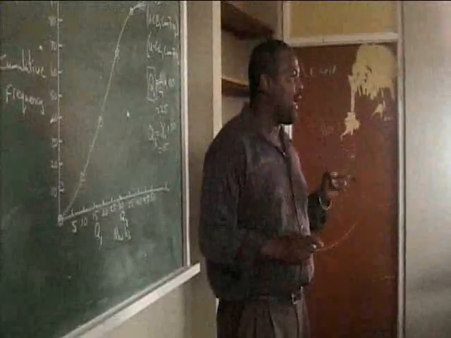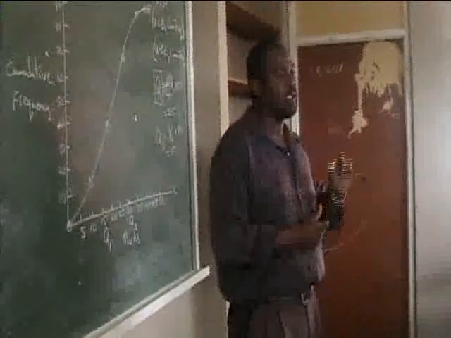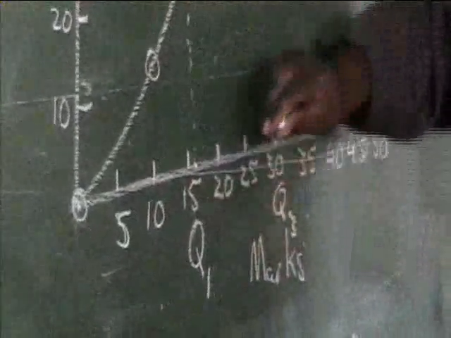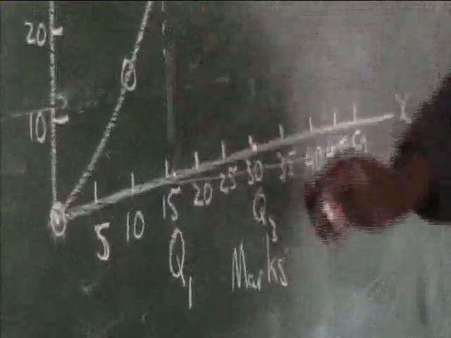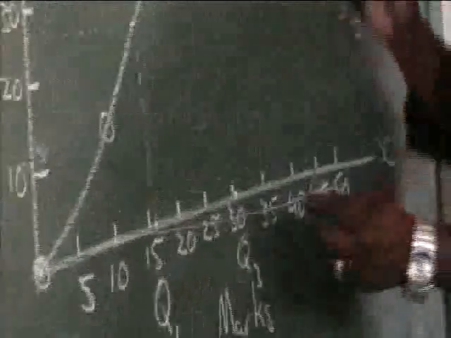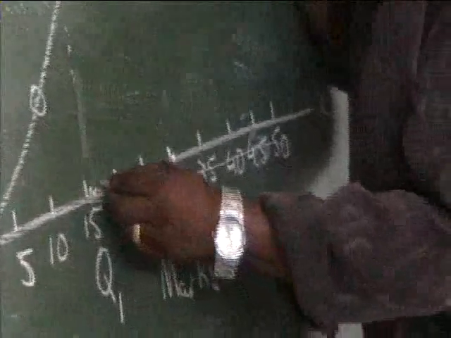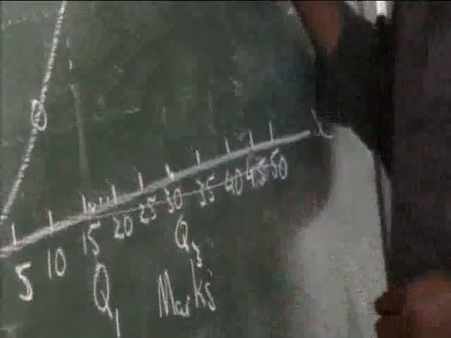Okay, it seems that some of you had an error in the reading of the graph. You need to keep in mind the scale that you are using. Take a look at this. This has a scale of 1 centimeter to 5 units. That means there are 5 small subdivisions between units. 1, 2, 3, 4, 5.